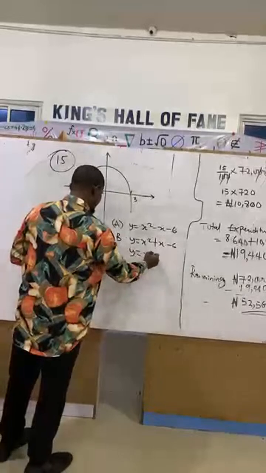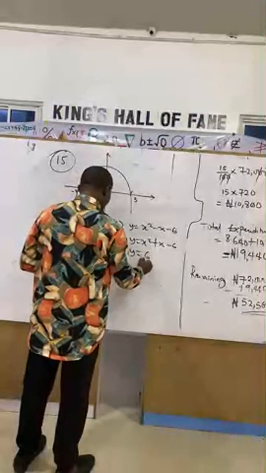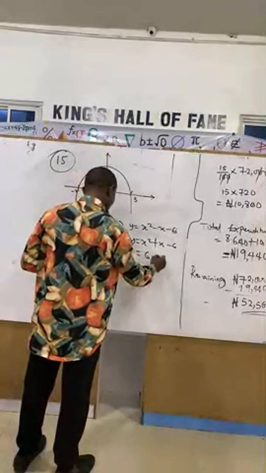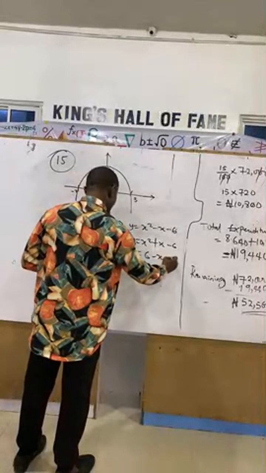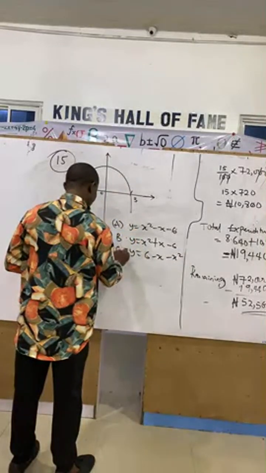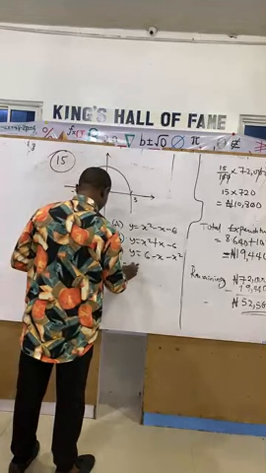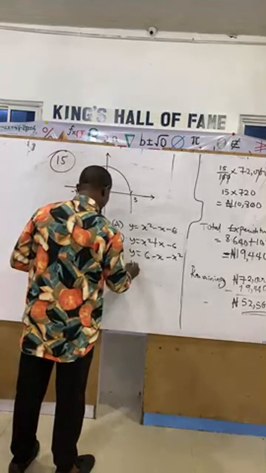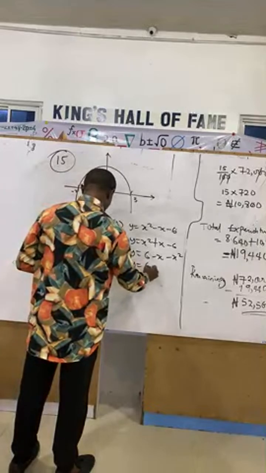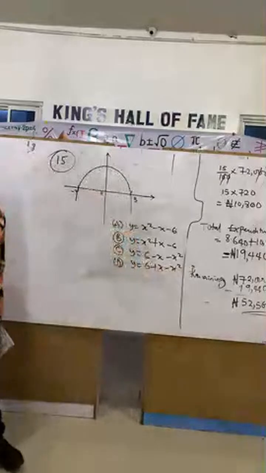Option C, y equals x squared. Option D, y equals 6 minus x squared. Option E, y equals 6 plus x minus x squared. These are the options they gave to you.